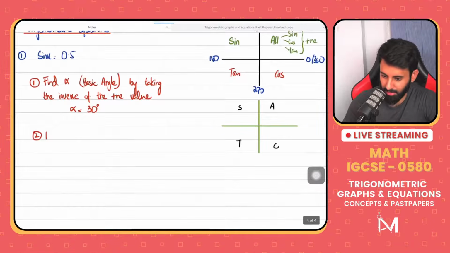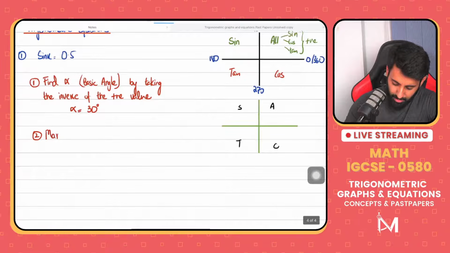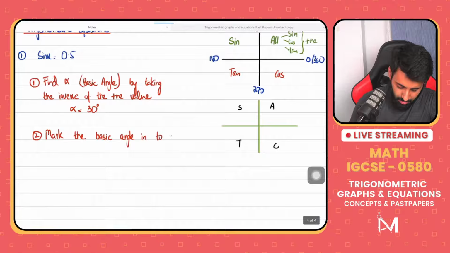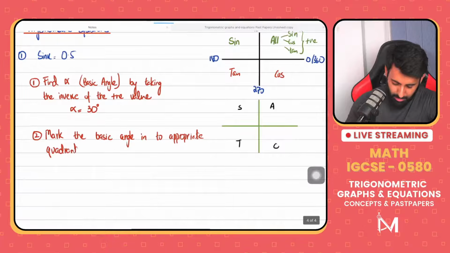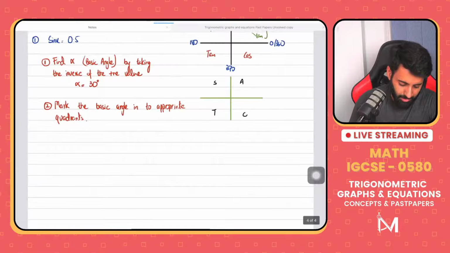Step 2 is that you mark the basic angle in the appropriate quadrants. Now you don't have to write all this down. This might seem a little lengthy right now because we're doing it step by step, but this is what you have to do.